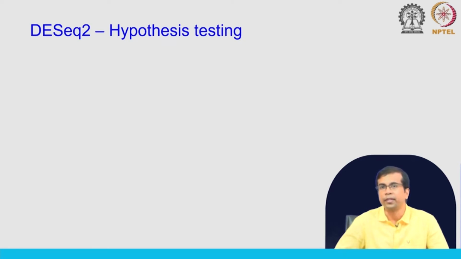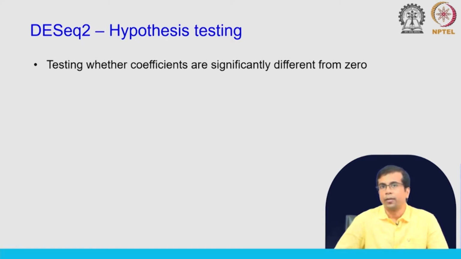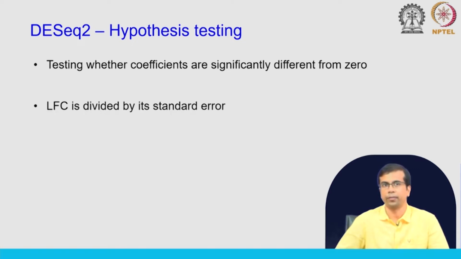By hypothesis testing we have a statistical basis for saying whether we can reject that hypothesis or not. So, this is what DESeq2 does. Precisely, we are testing whether coefficients are significantly different from 0, and genes with coefficients significantly different from 0 will be identified as differentially expressed genes.